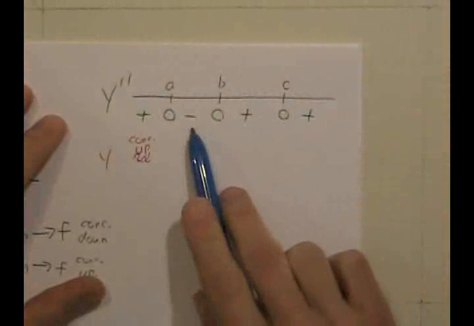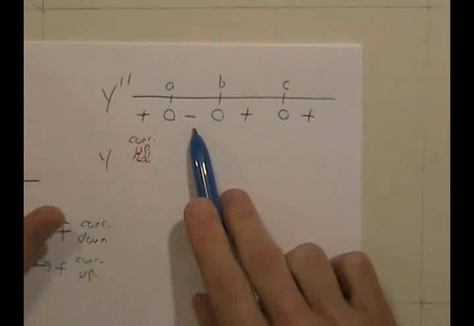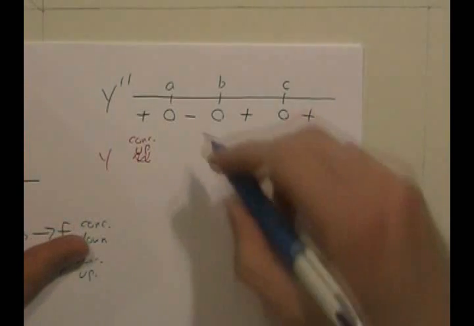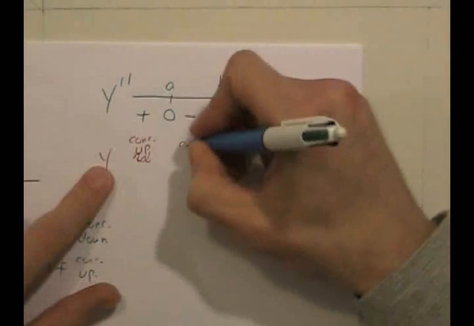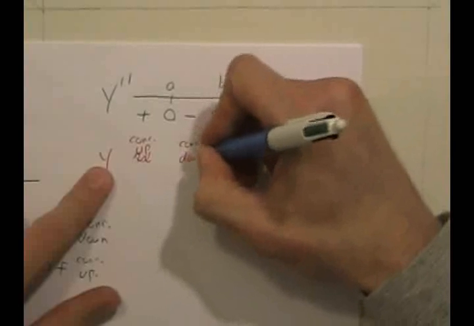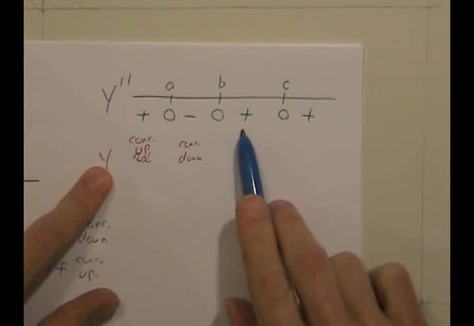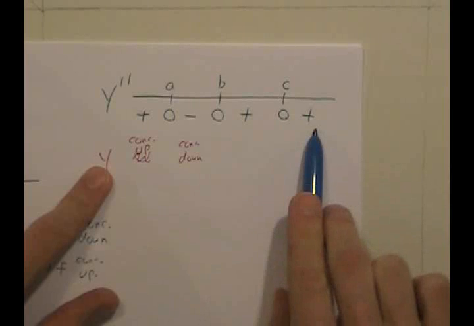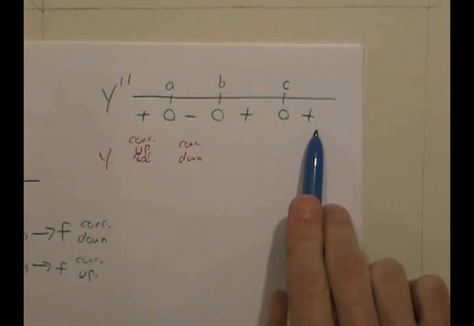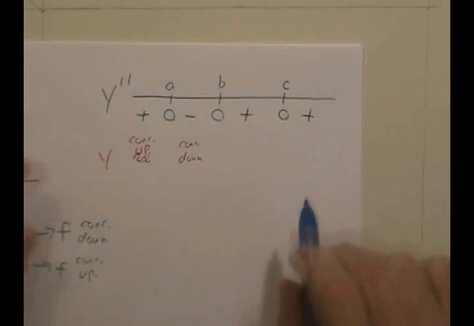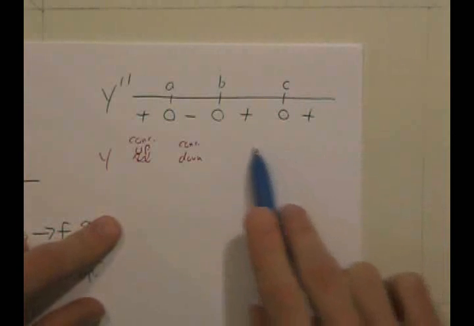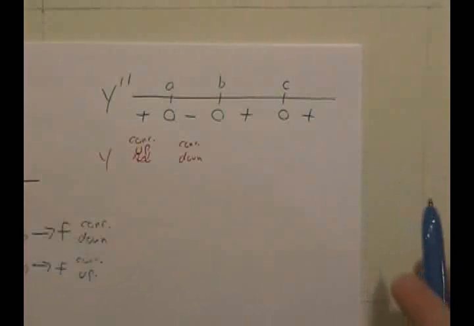And since y prime prime is negative here, that implies that y prime is decreasing, and hence y is concave down here. And similarly for these two, since y prime prime is positive in both of these regions, that implies that y prime is increasing, and that implies that y is concave up in both of these.